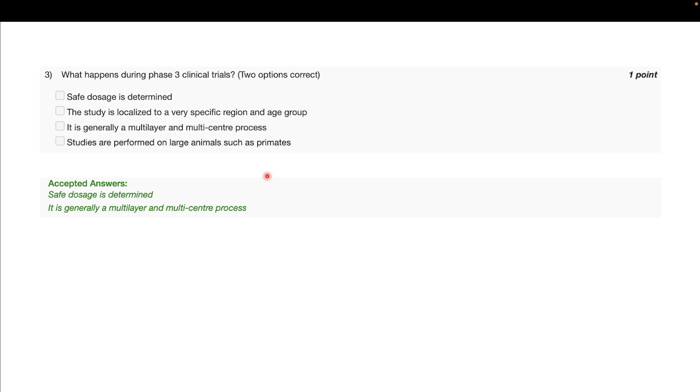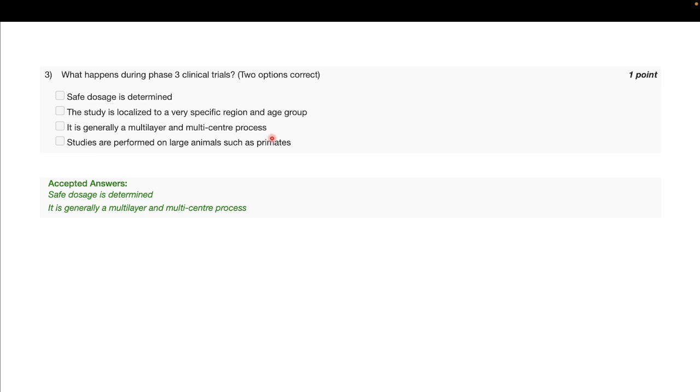Okay. Ma'am, why not option 4? As I said, these phase 3 clinical trials are usually done on human patients. This last option, I think, is limited to monkeys: studies are performed on large animals such as primates.